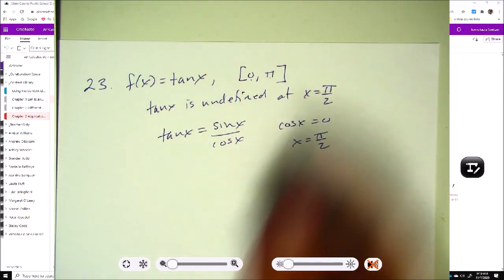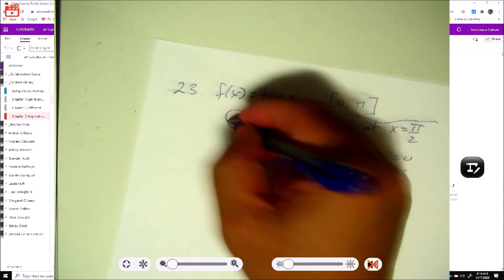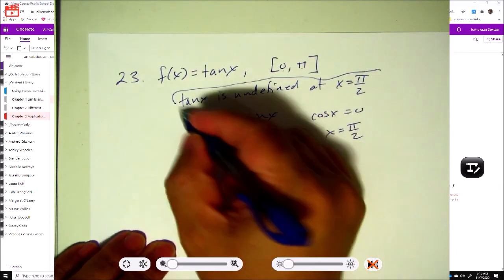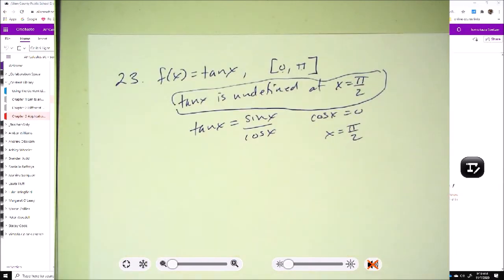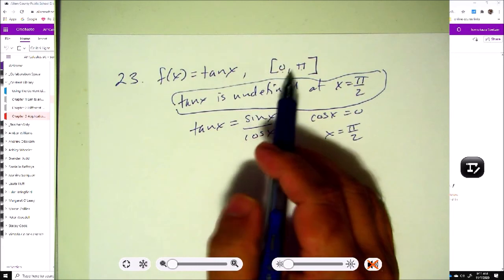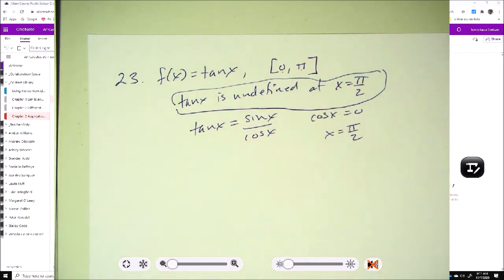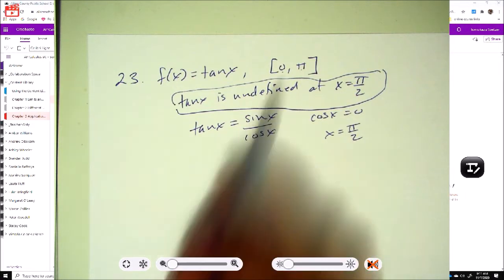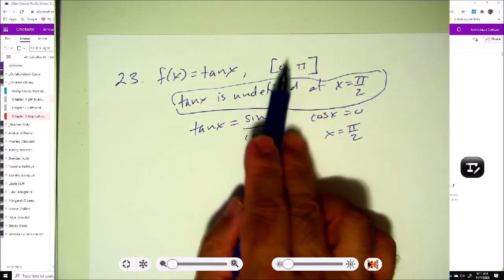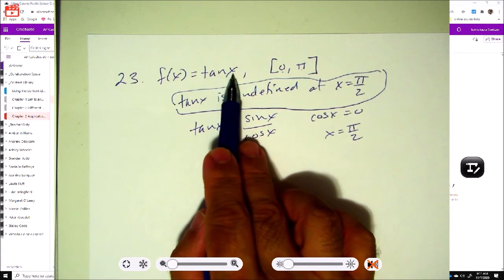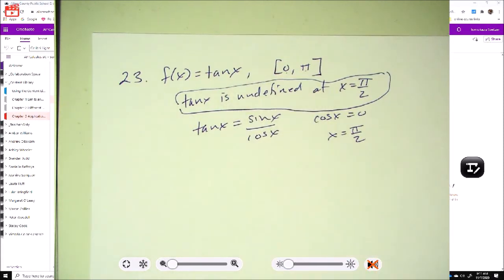Does that mean that we don't know that tangent is undefined at x equals pi halves? Or you didn't know to check to see if it was undefined at all. Remember, for Rolle's theorem to apply, it has to be continuous. If a function is undefined, it is not continuous. This is undefined at x equals pi halves, so the function tangent x is not continuous at x equals pi halves.